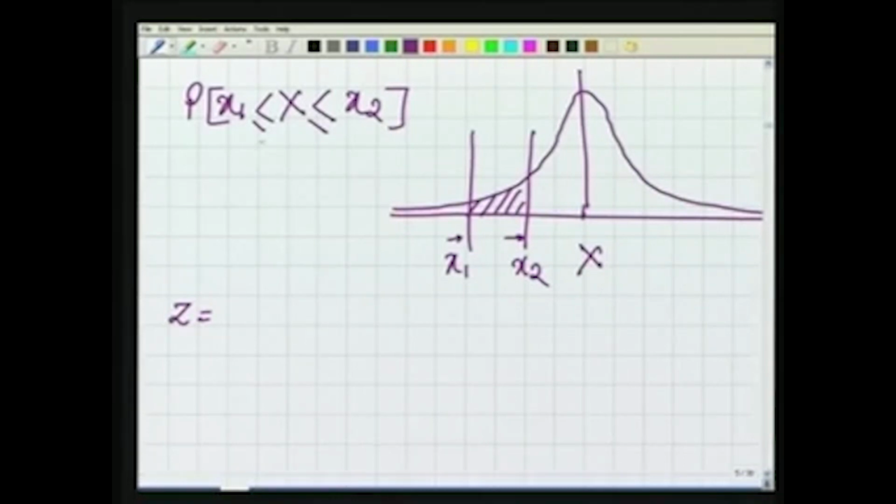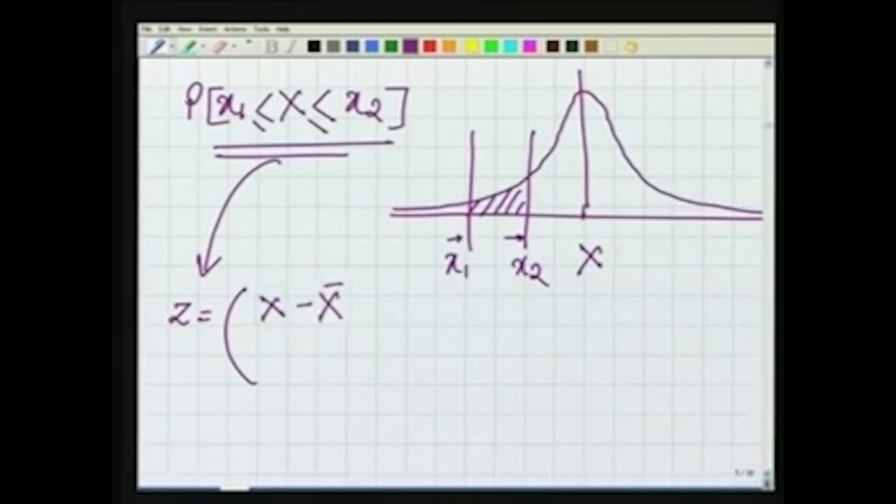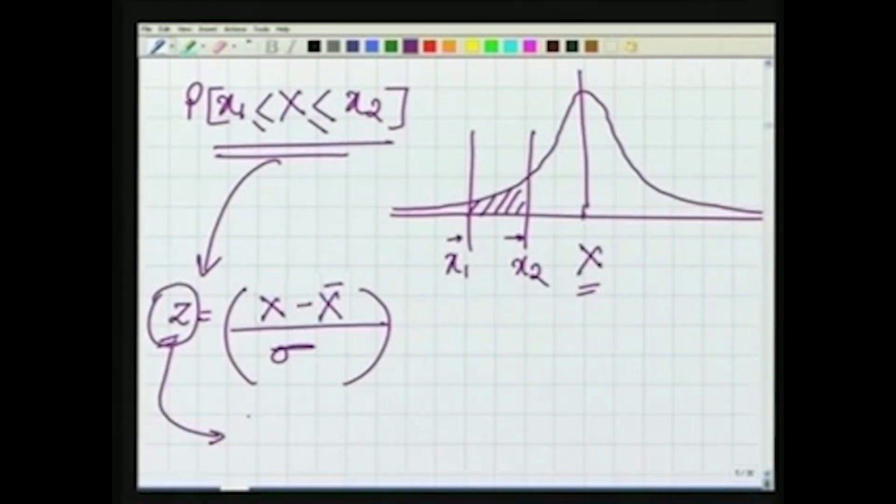We are transforming this variable x as x minus x bar, where x bar is the mean of this variable, divided by sigma, the standard deviation of this variable. Using this, we can transform our variable capital X into the standard normal curve variable. Now, this particular variable Z has the normal distribution N(0, 1 squared).